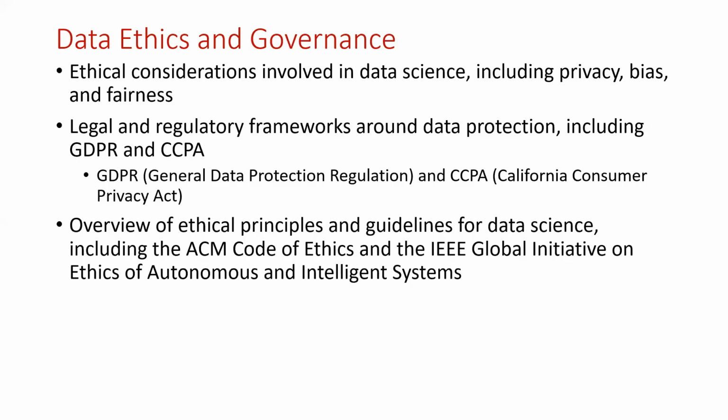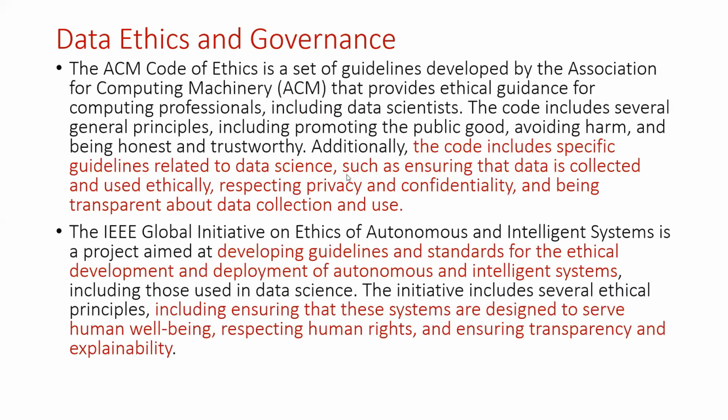Even organizations like ACM, the Association for Computing Machinery, and IEEE have their own codes of ethics. And what do they say? ACM's code includes specific guidelines related to data science, such as ensuring that data is collected and used ethically, respecting privacy and confidentiality, and being transparent about data collection and use.